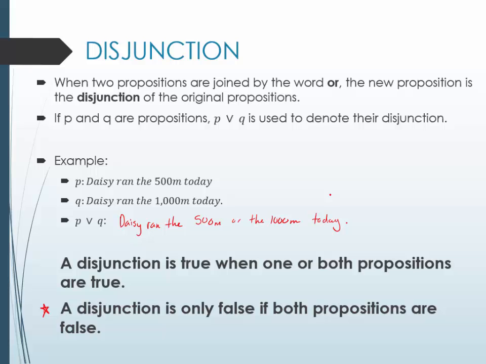And that's it. Oh, wait a second. That looks awfully a lot like unions. You remember unions? It was one or the other or both. That's what that means. Disjunction means one or the other or both. Great. I think we're getting it.